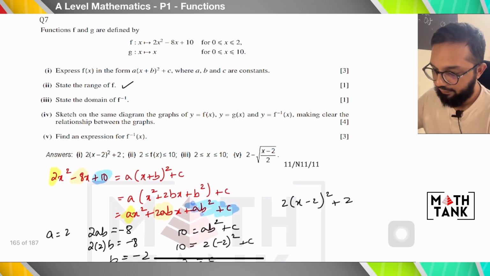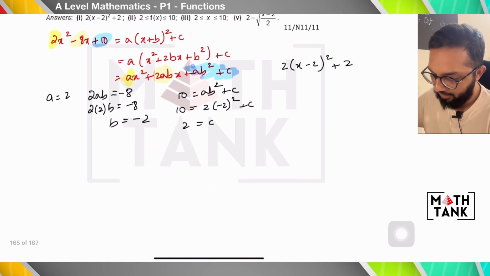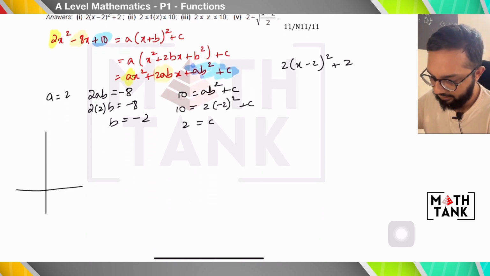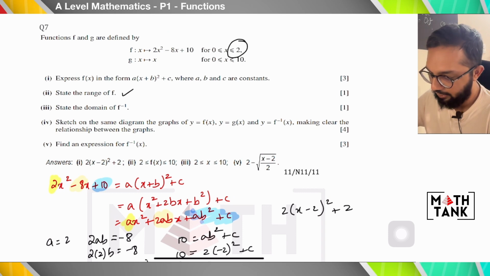State the range of f. Okay, for the range of f, I will need the turning point, that's 2 comma 2, and I need a small sketch of my graph. This graph has a turning point at 2 comma 2. It's a smiling face graph, and since this 2 is also on the boundary, I just need to worry about 0.